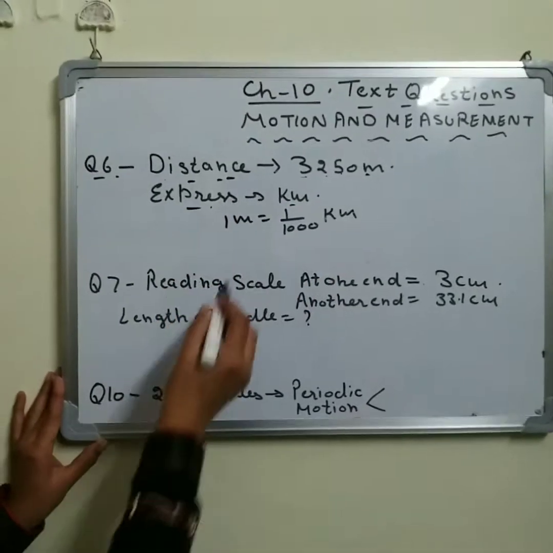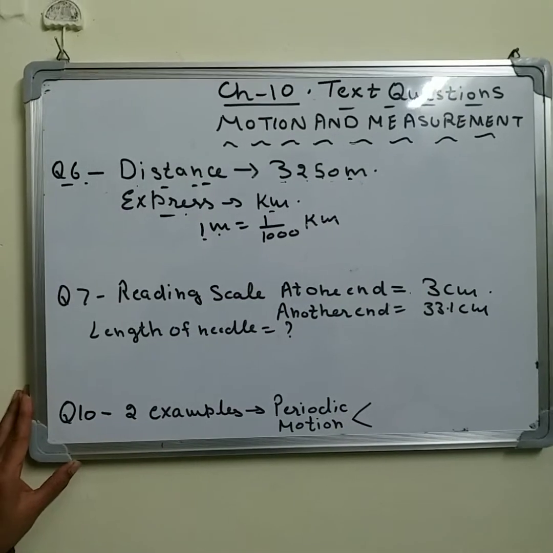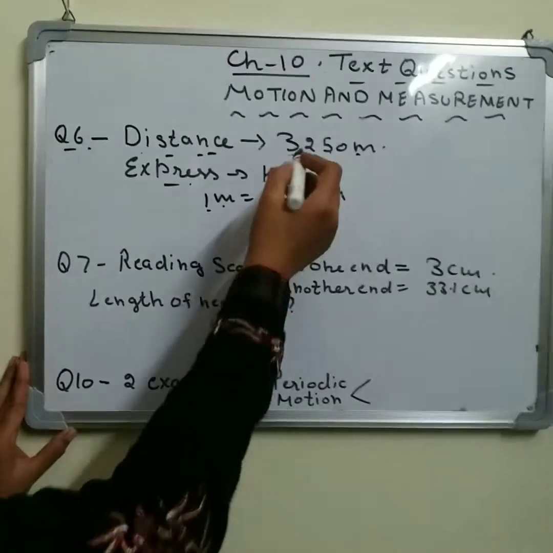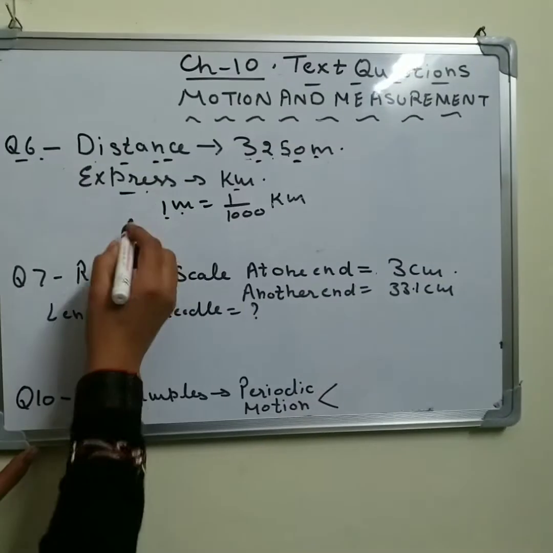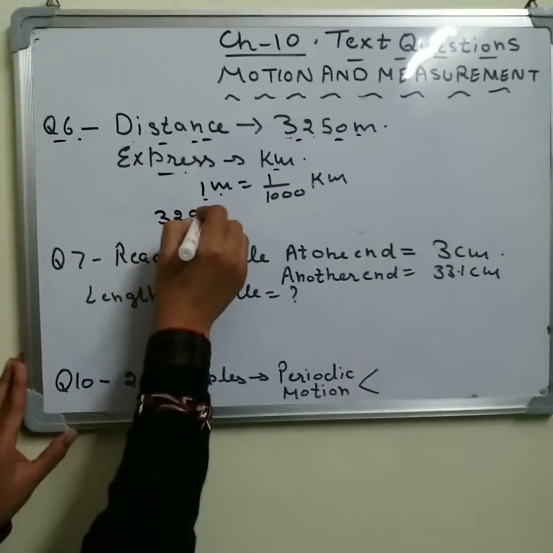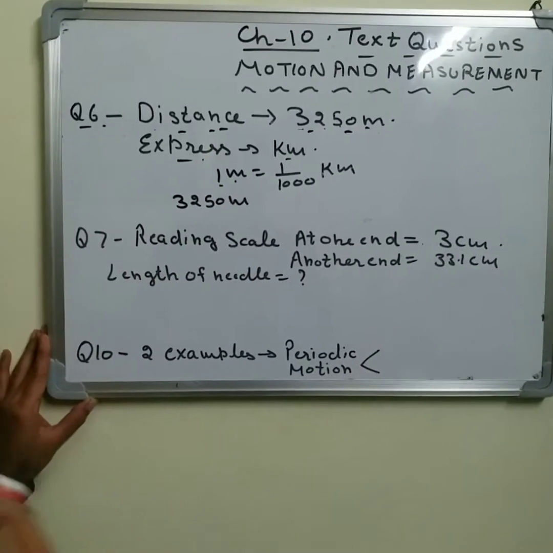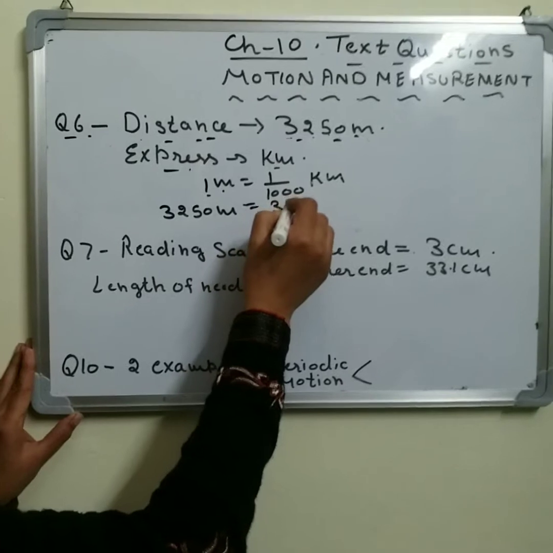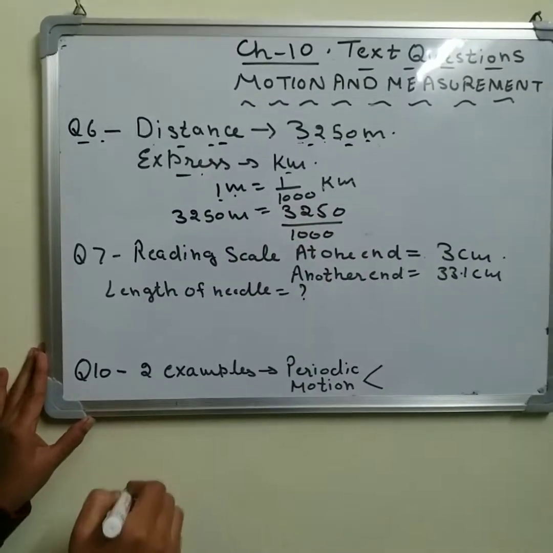As you know, 1 meter equals 1 upon 1000 kilometer. So how many meters do we have to convert into kilometers? Yes, that is 3250 meter. When we convert into kilometer, we have to divide it by 1000.